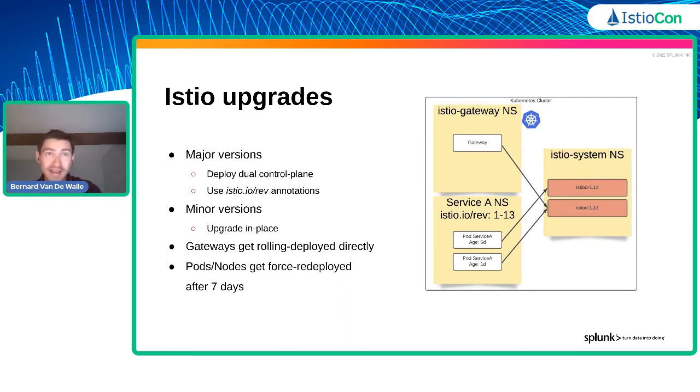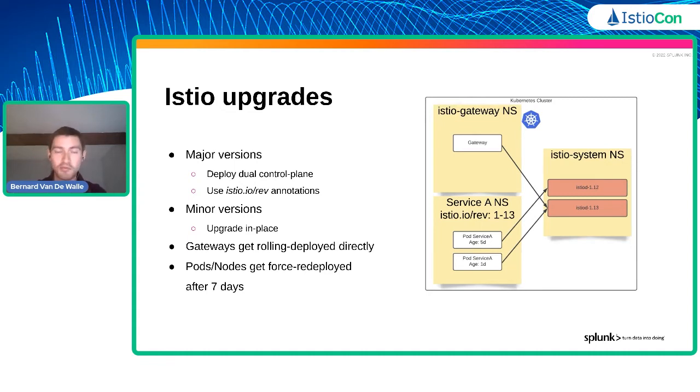And so our gateways basically get a rolling deploy directly, but because those are atomic, you need to choose one version or the other, and we manage those workloads. But all the pods and nodes on the cluster have a mandate to be rebooted and restarted after 7 days. So we know for a fact that after 7 days, the whole cluster is migrated to the newest version.